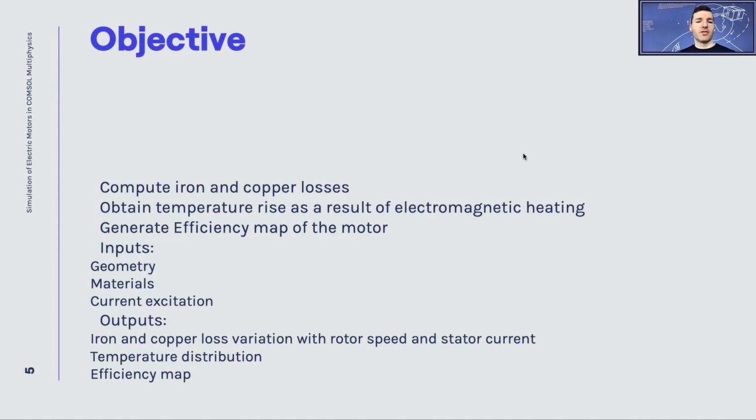We will discuss the geometry, the different materials used in the setup, other boundary conditions, and the outputs. What can we see in the results node? How do we get there? And how to achieve these distribution maps and efficiency maps inside COMSOL Multiphysics.